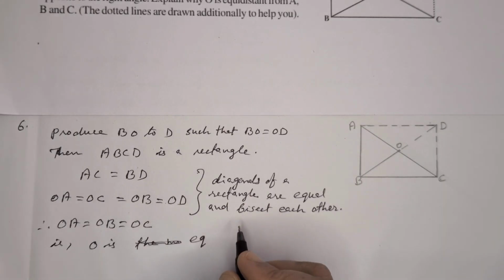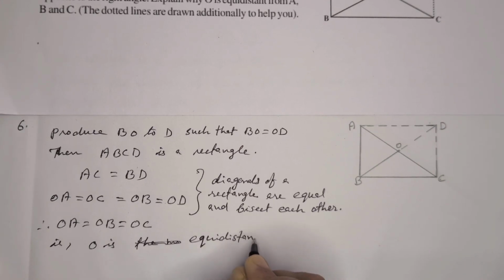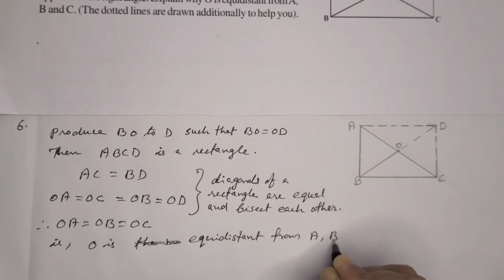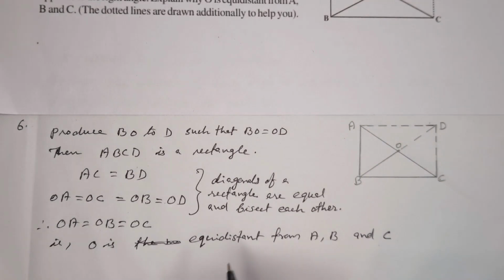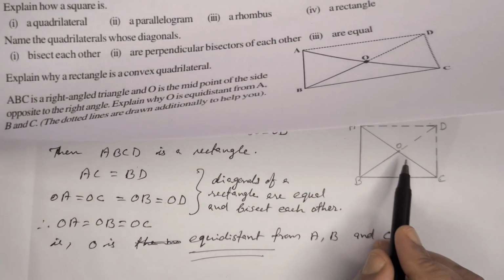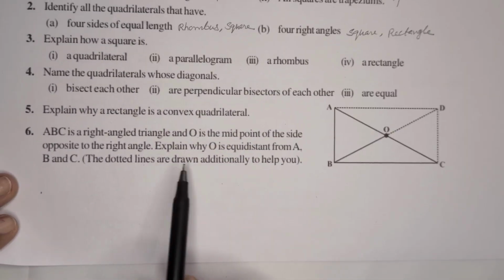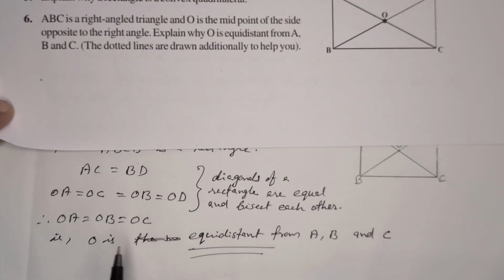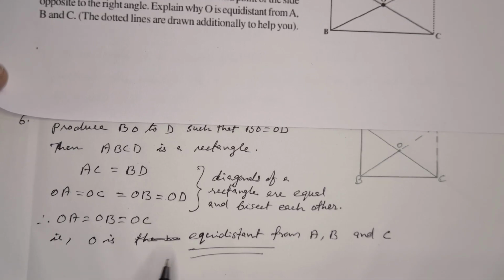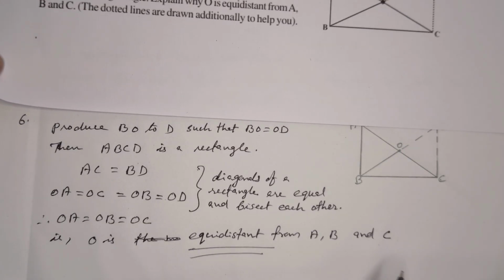According to the question, explain why O is equidistant from A, B and C. So we can write O is equidistant from A, B and C. O is the midpoint of the hypotenuse, but at the same time, according to the question, explain why O is equidistant from A, B and C. So last we can write, therefore O is equidistant from A, B and C.